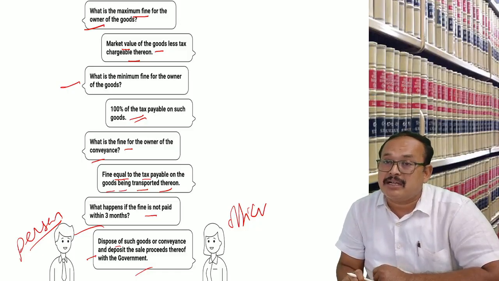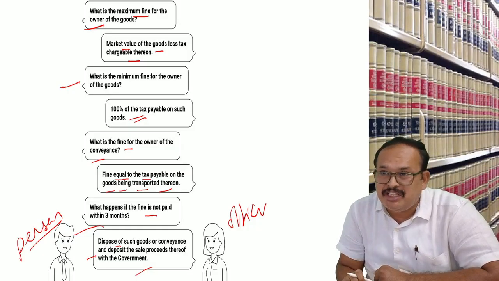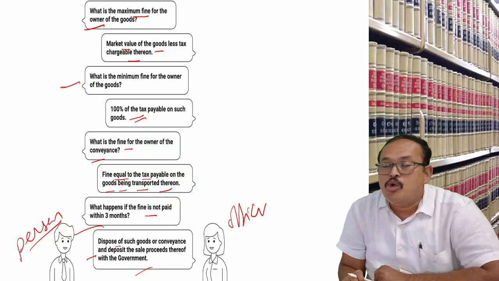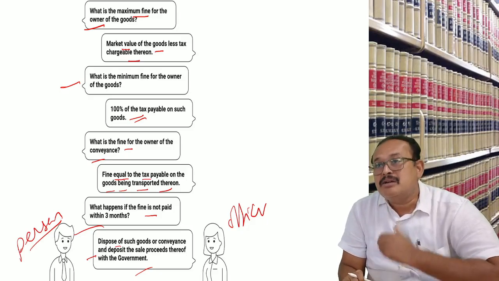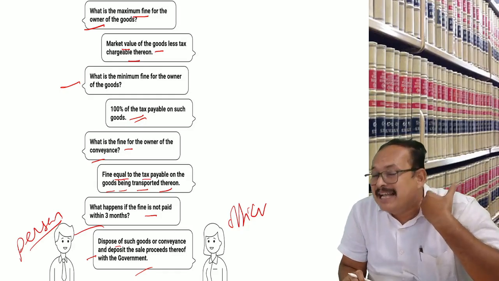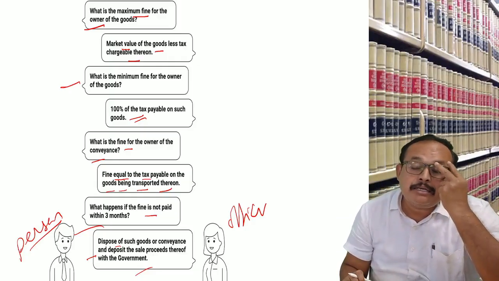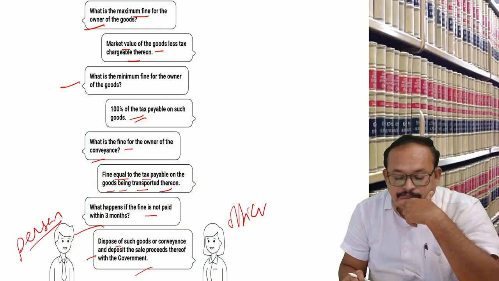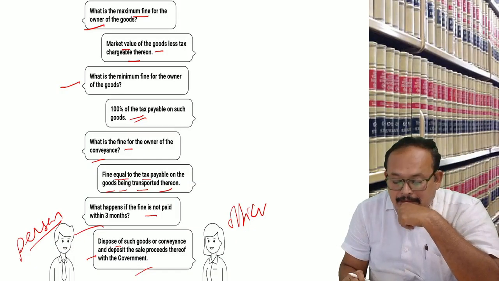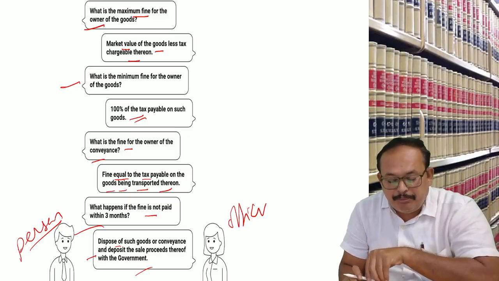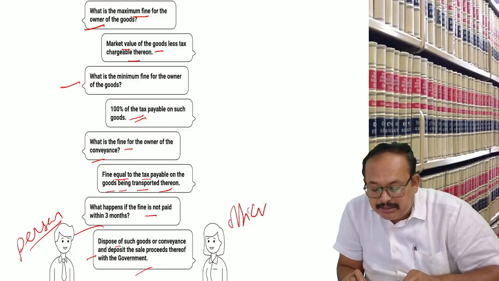Coming to the owner of the truck whose vehicle is confiscated, to release it by charging the fine in lieu of confiscation, how much penalty does the owner of the vehicle have to pay? 100% of the tax. Is it clear? As simple as this. Even if I bring the problem, you can easily answer this.